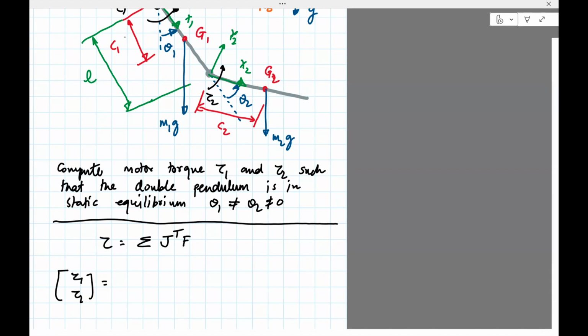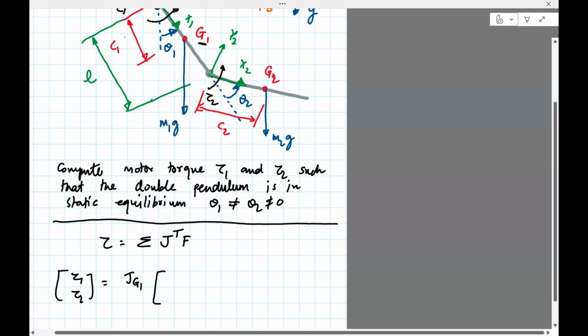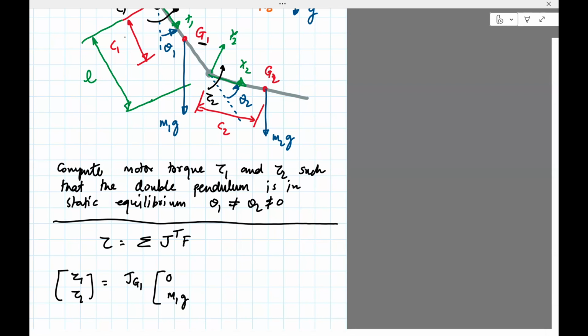So the Jacobian, I'll write the Jacobian of G1. And then we need to write the corresponding force. And this force should be in the world frame because the Jacobian is going to be in the world frame. So the force is acting in the vertically downward direction. There'll be an x component and a y component. The x component is 0. The y component is m1g, but since it acts downward and our convention is positive is upwards, this is going to be minus m1g.